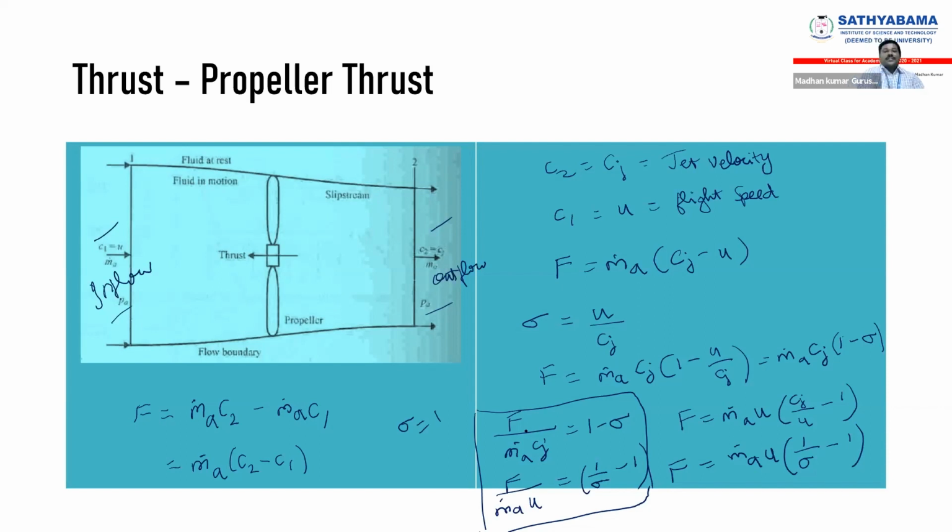So zero thrust is the hypothetical case. When sigma is equal to 1, obviously we get thrust equal to 0, right?